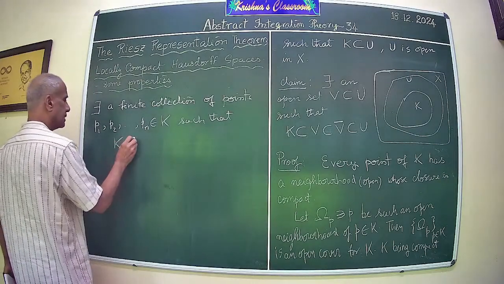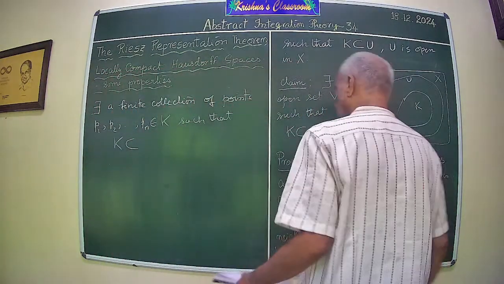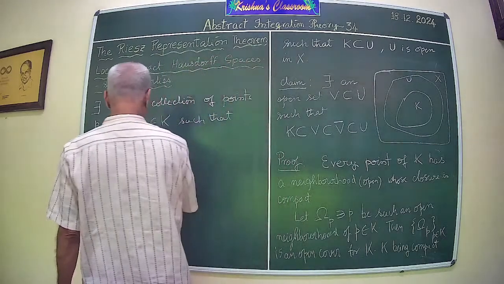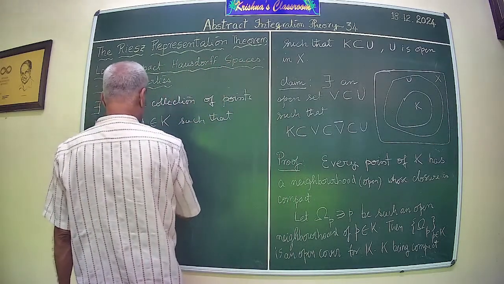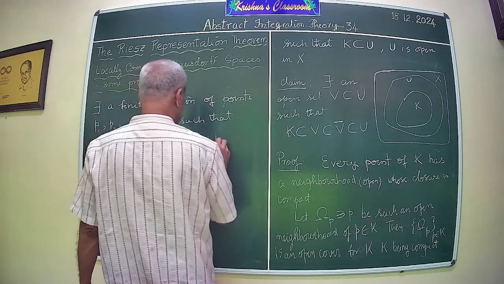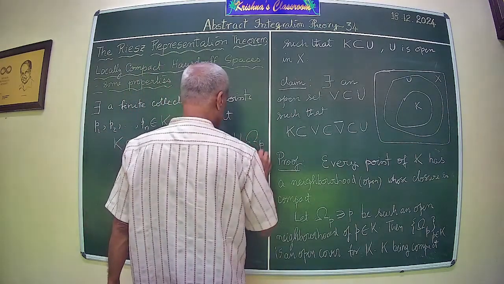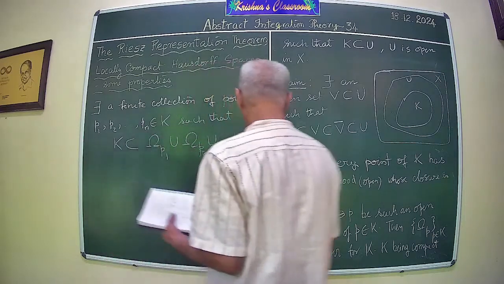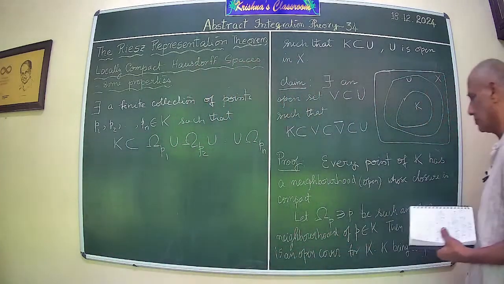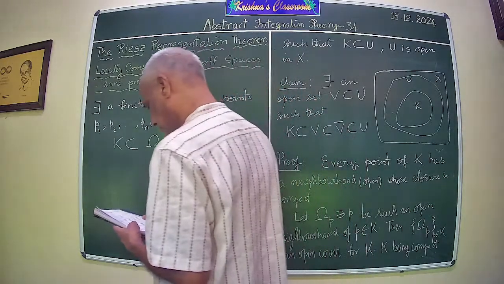K is contained in Omega p1 and so on, this is the finite subcover. Yeah, that's the conclusion that you can make.